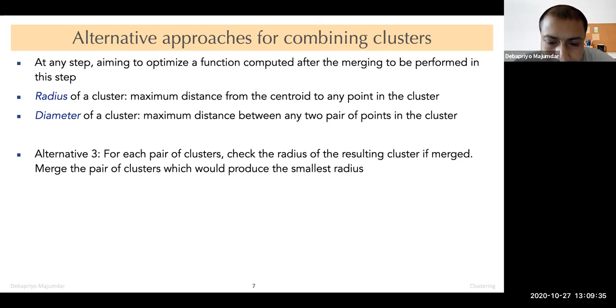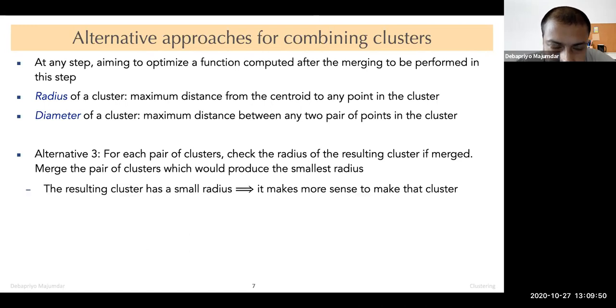So if I merge these two clusters, what will be the radius of the new cluster? And merge the pair of clusters which will produce the smallest resulting radius. If the resulting cluster has a small radius, it makes more sense to make that cluster, right?